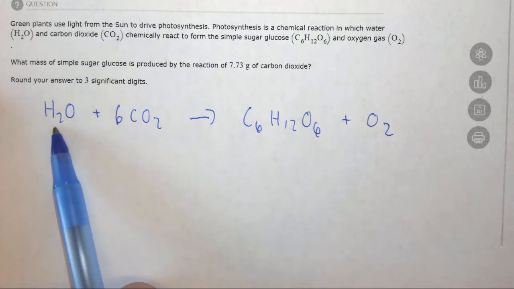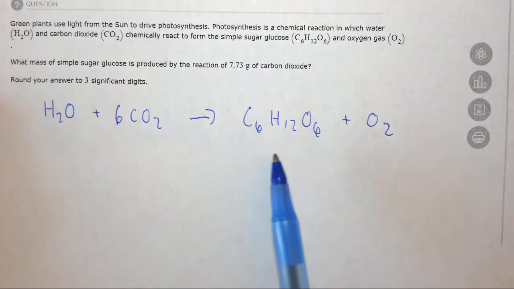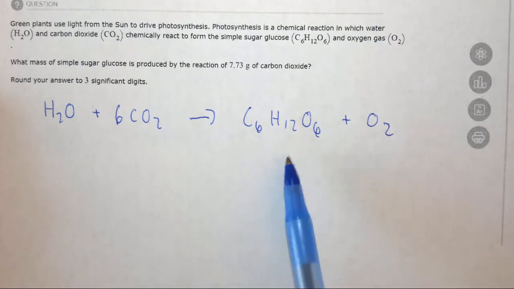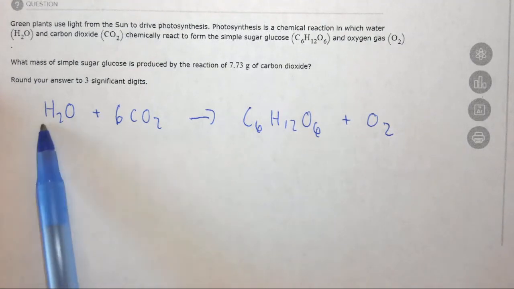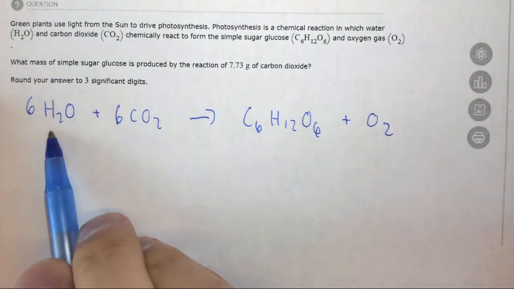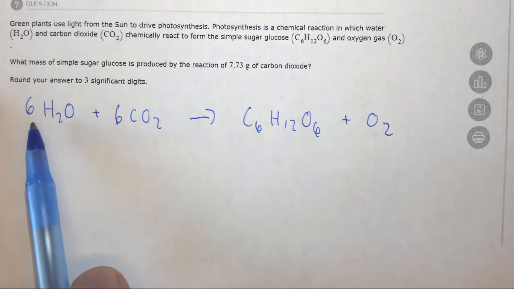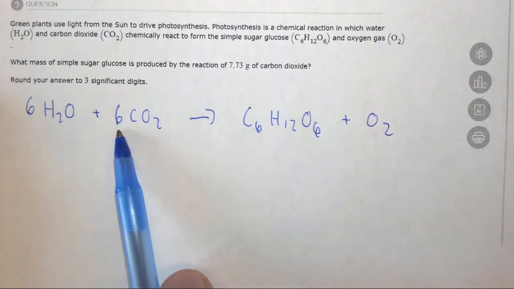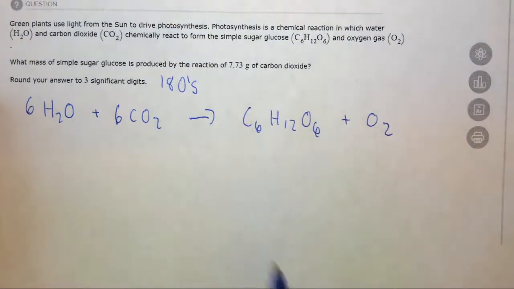You'll also notice that all the hydrogen in water also goes into glucose. There's no hydrogen in the oxygen product. So therefore, if we have H12 over here, we must have 6 waters, because each water contains 2 hydrogens. So again, these are just my first best guesses. This gives me 6 oxygens plus 12 oxygens for a total of, on the reactant side, 18 oxygens.